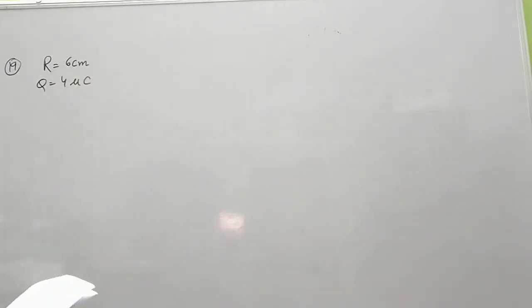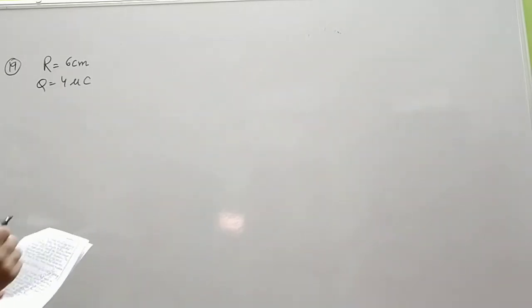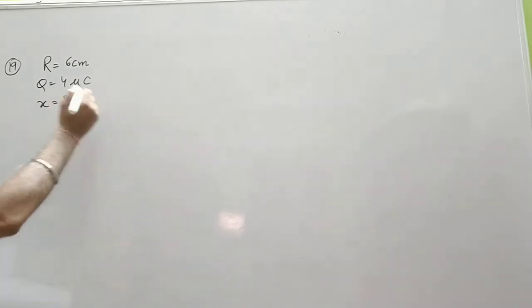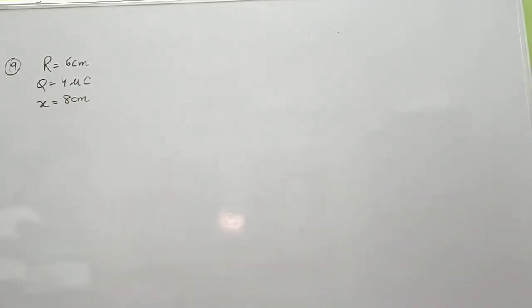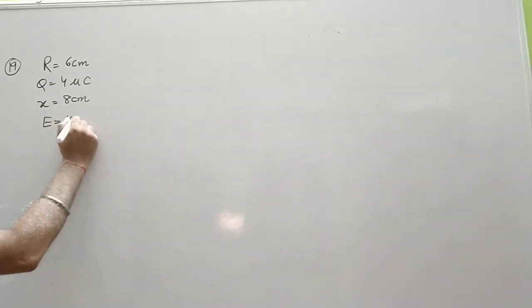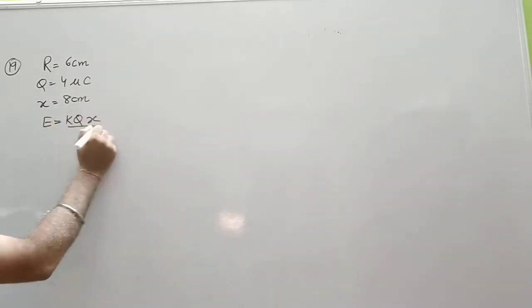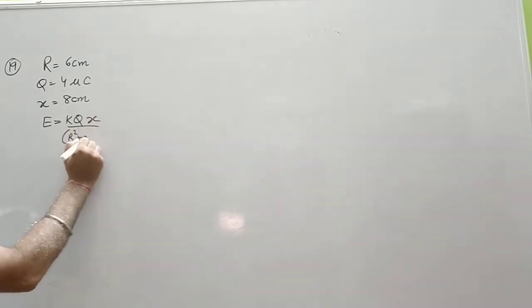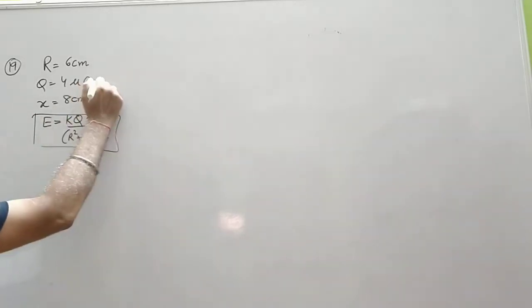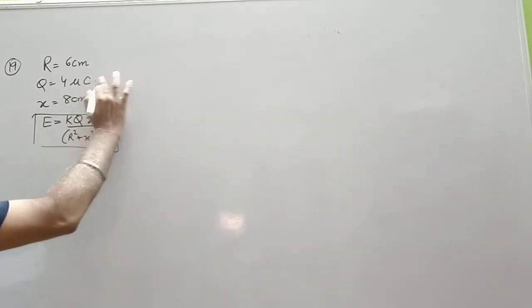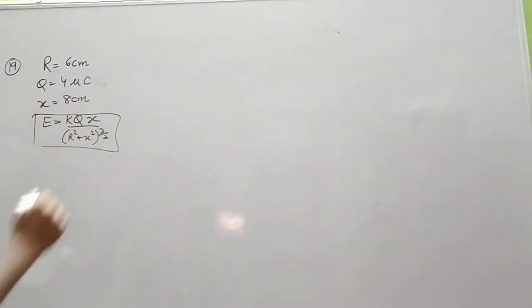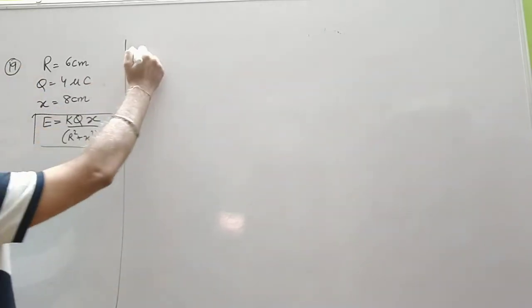The electric field on the axis of symmetry of the loop at a distance of 8 centimeter from the center of the loop is, now directly you apply the formula E is equal to kqx upon (R square plus x square) raised to 3 by 2. So you convert this into coulomb, meter, etc. and substitute the values, you will get the answer for question number 19.